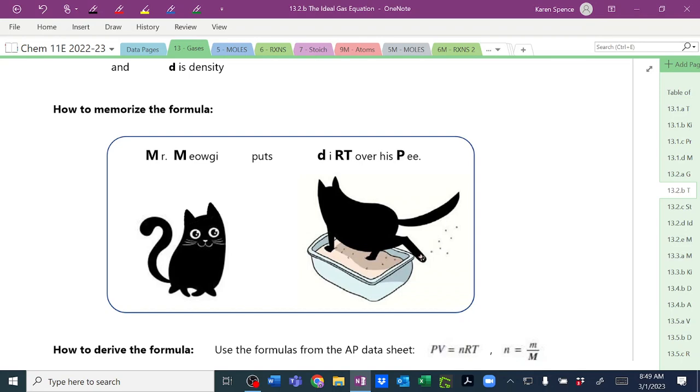I know, it's very, very silly, but if you want to use this formula, if you're like, I know I can convert back and forth between density and molar mass of a gas, because Mr. Miyagi puts dirt over his pee, so molar mass is equal to dirt, dRT, over P. Okay, so we can use that method if we want to.